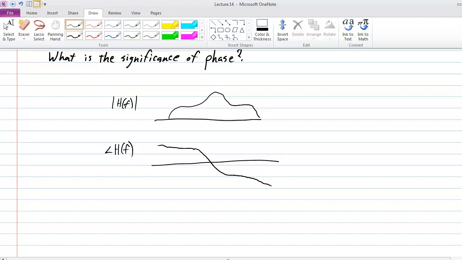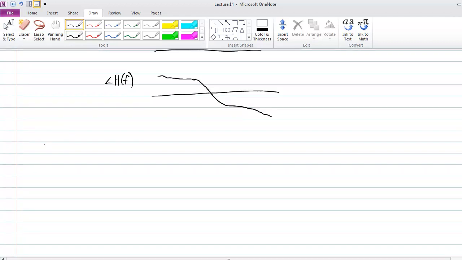Okay, so what we have here in filters, we can understand phase by starting with something called a zero phase filter. Okay, suppose in time that h of t is even.